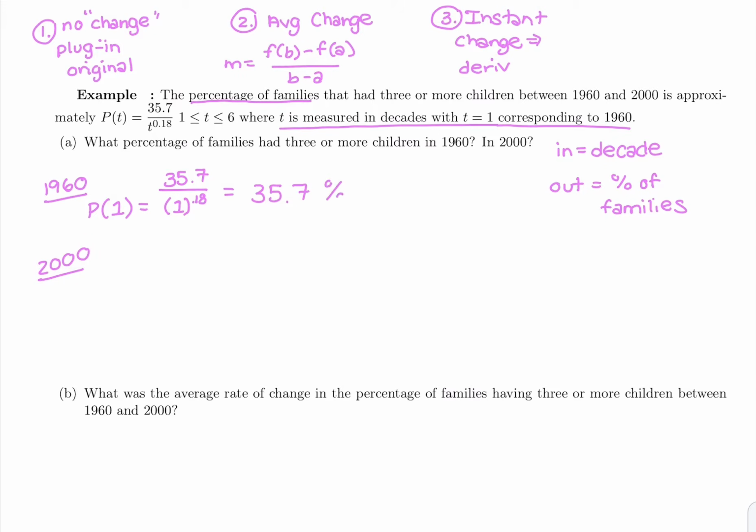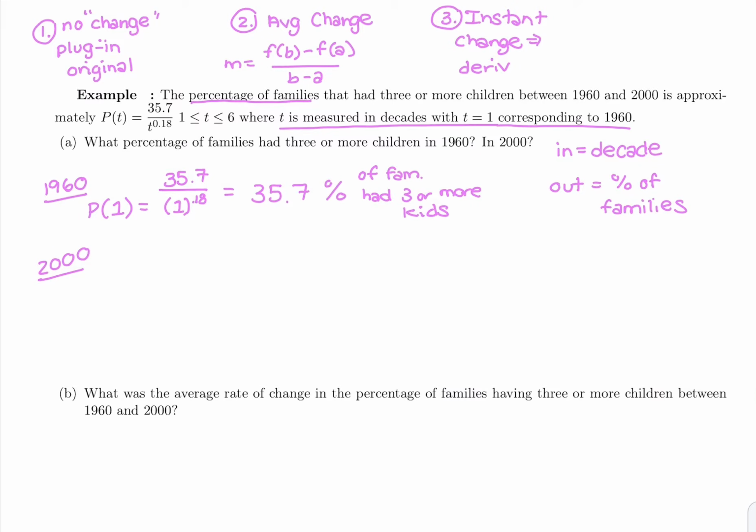This is just 35.7% of families had 3 or more children. Kind of a long unit. About 36% almost of families had 3 or more kids in 1960.